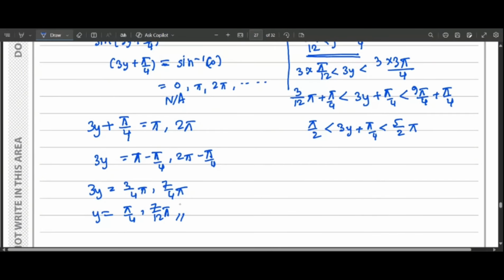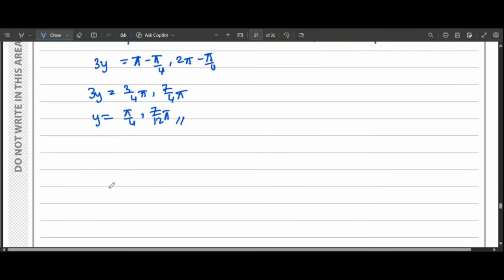This is the answer to our question. So we can write that the y coordinate of A and B is pi by 4 and 7 pi by 12.